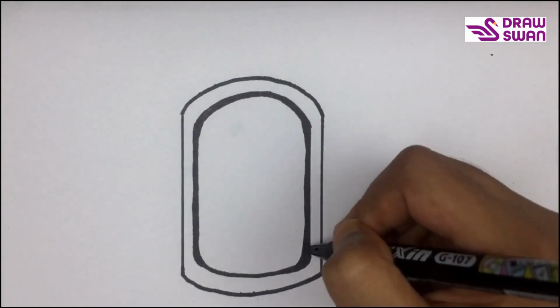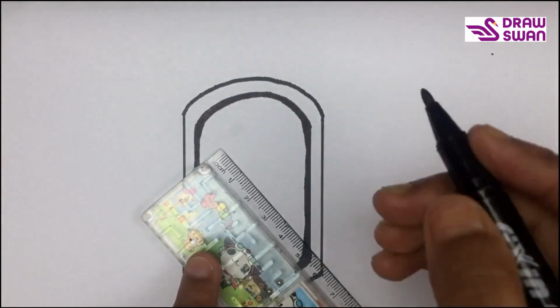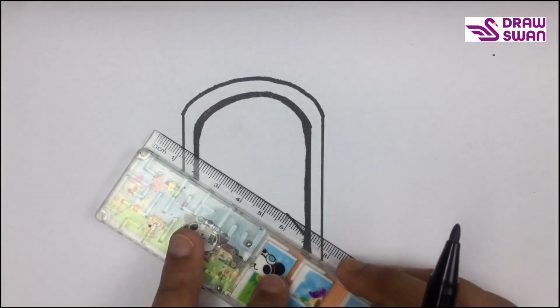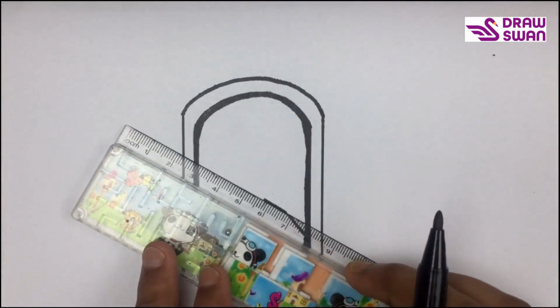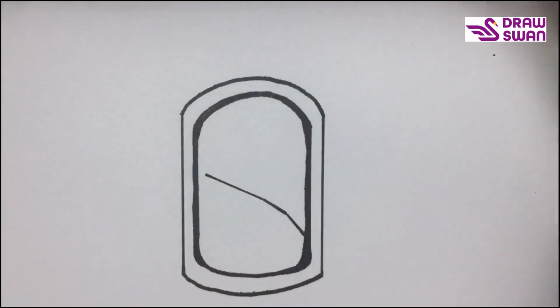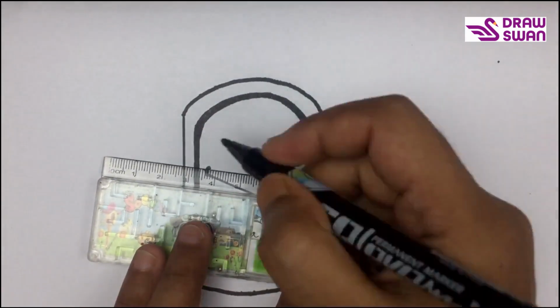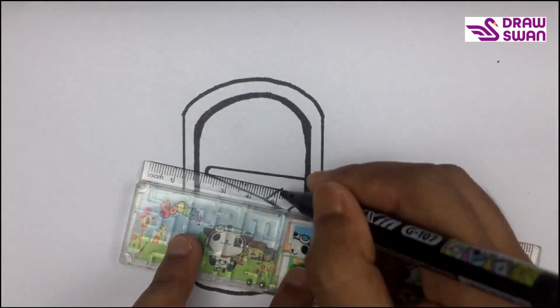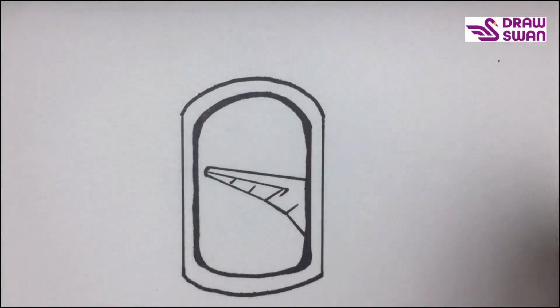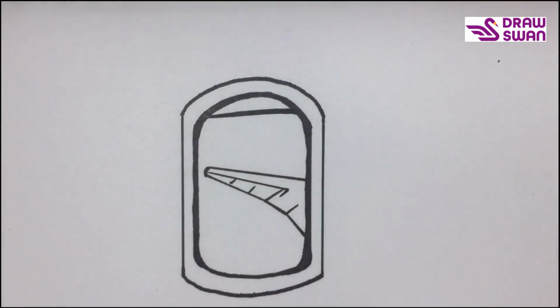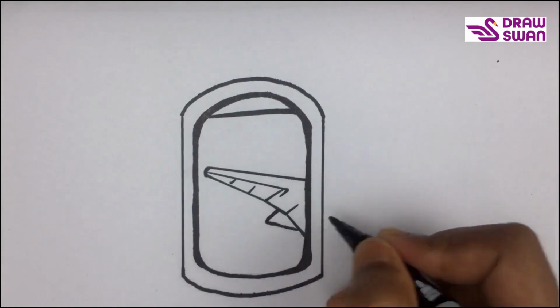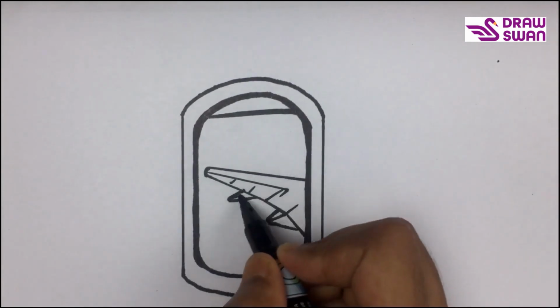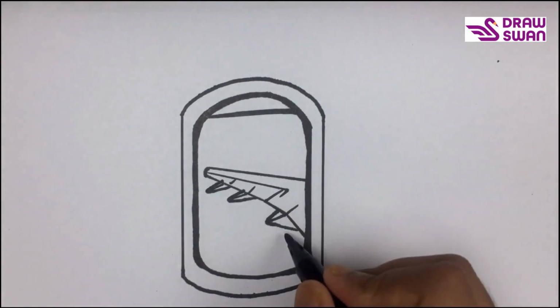And now let's draw a wing of the airplane. And now this is my favorite part.